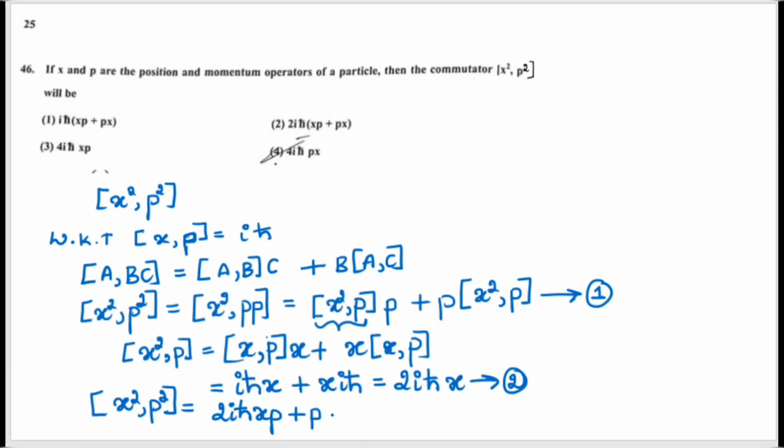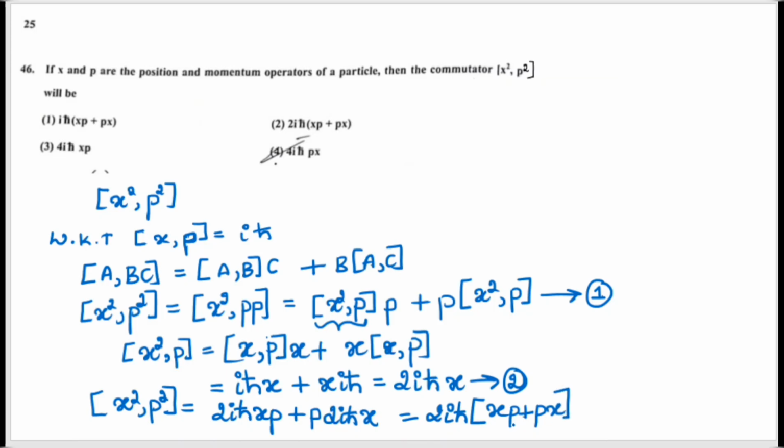So the commutation of x square and p is again 2 times i into h cut into x. In this equation, I can take 2 times i into h cut common. What is left inside the bracket? It is xp plus px.